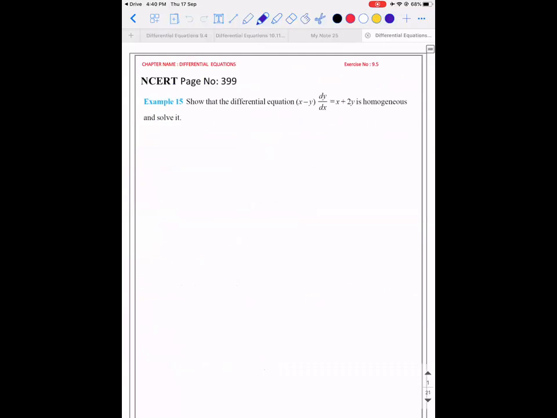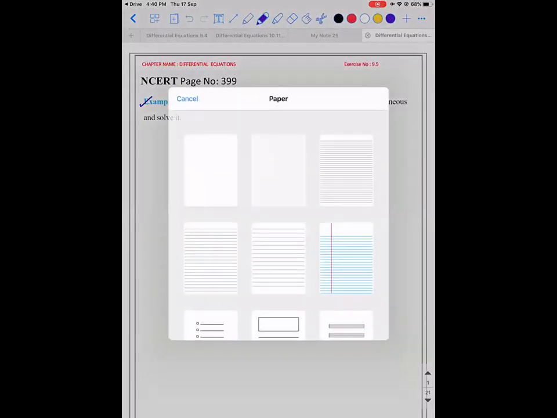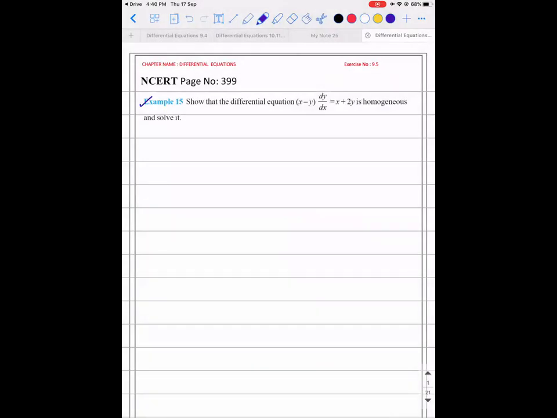Now see, they're asking us to show that the given differential equation is homogeneous, and then solve it. You know how to prove it as homogeneous, right? Replace f of x with lambda x comma lambda y and then solve it. I'm directly going to solve it. So dy by dx is equal to x plus 2y divided by x minus y.